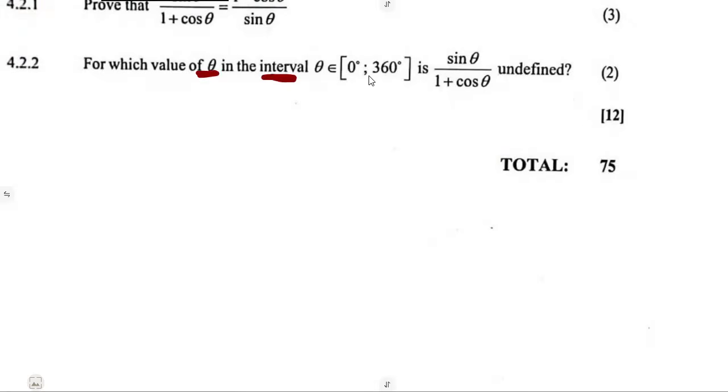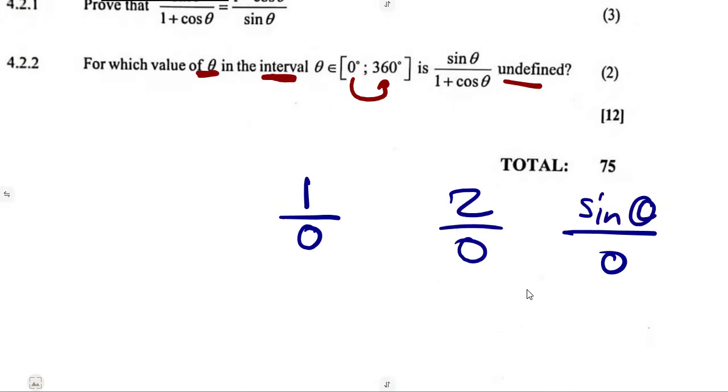Of theta, in this interval from 0 to 360 degrees, we need a value that is going to satisfy a condition that sine theta over 1 plus cos theta is undefined. Undefined, where 1 over 0 does not exist. We have a fraction.